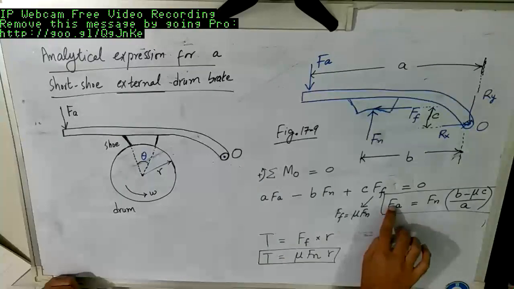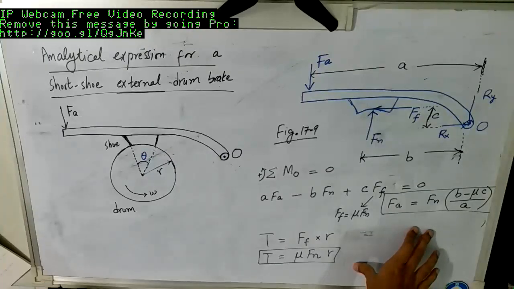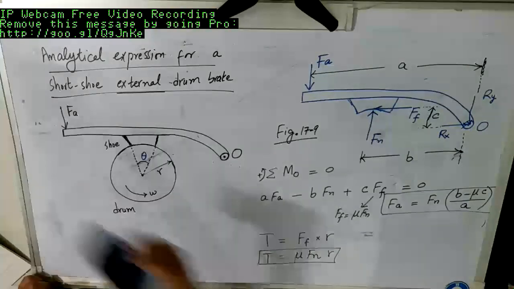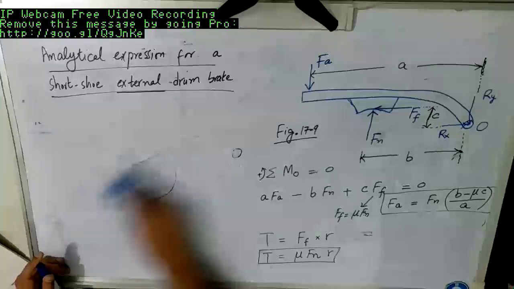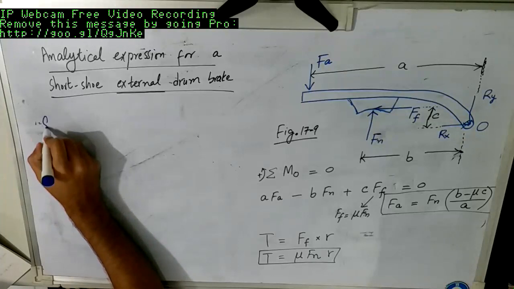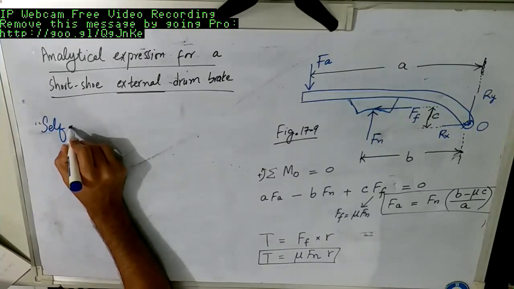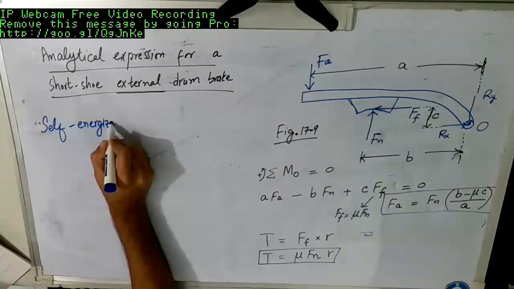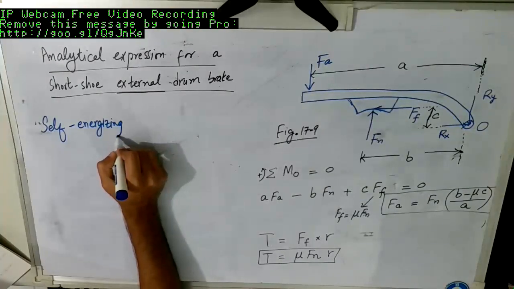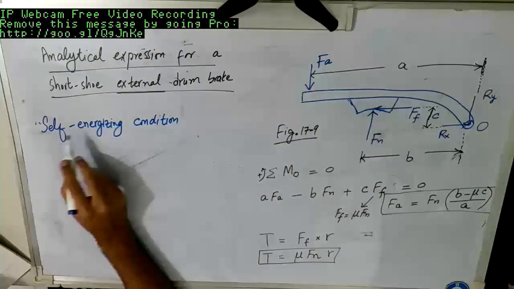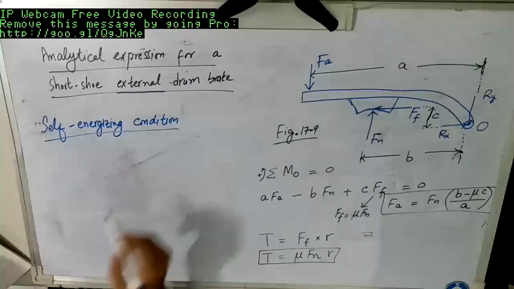Now, using these expressions, we have to study two phenomena related to the short shoe external drum brake, and these phenomena are called self-energizing condition, and the other one is called self-de-energizing condition, which we will study shortly.